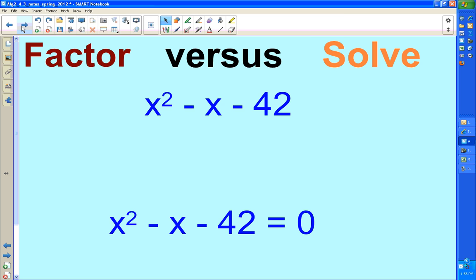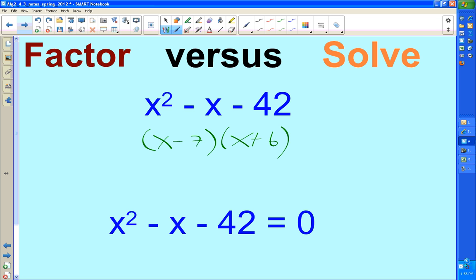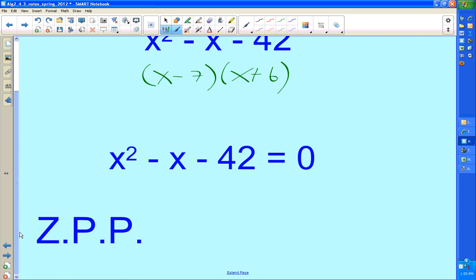How does this factor? How does this one factor? X minus 7, x plus 6. Thank you. X minus 7, x plus 6. It should be instantaneous. If this is a difficult problem for you to factor, we've got to do something to get you up to speed.